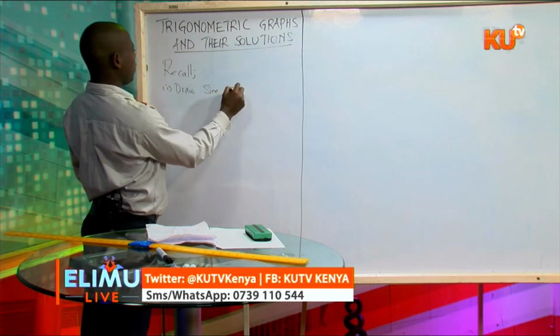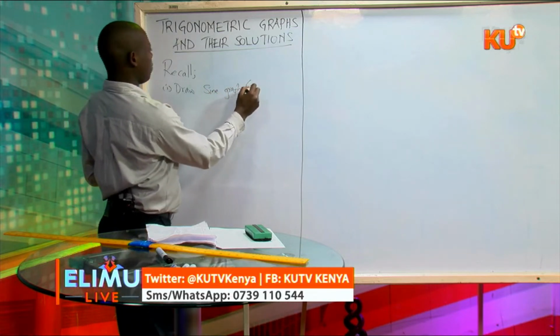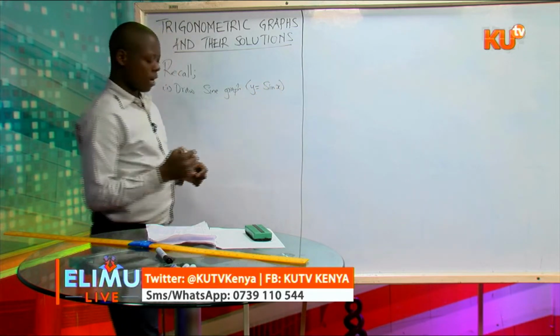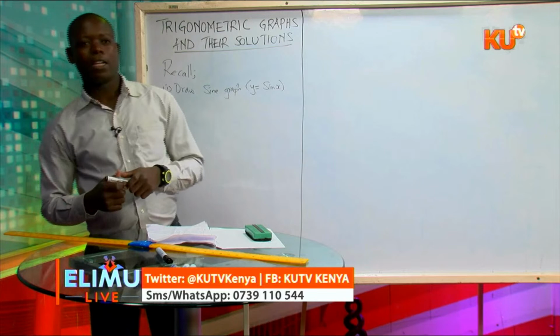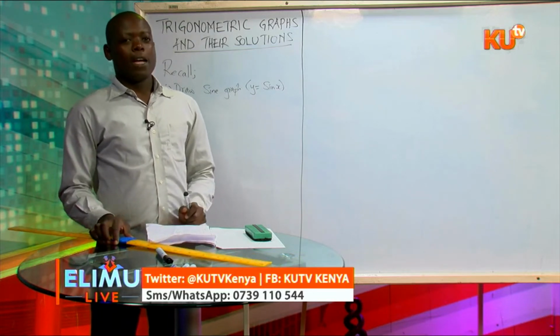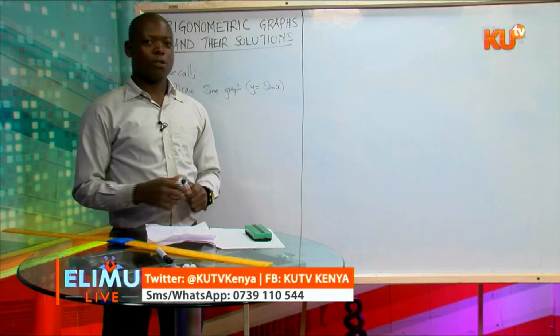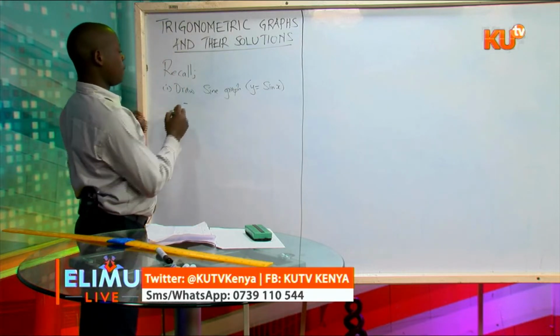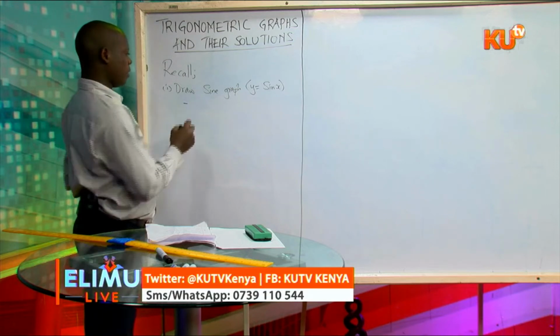The sine graph, that is, for example, y is equal to sine x. The graph of y is equal to sine x is drawn in form 3 under trigonometry 2. And this graph, as you realize, has both the maximum and the minimum points.